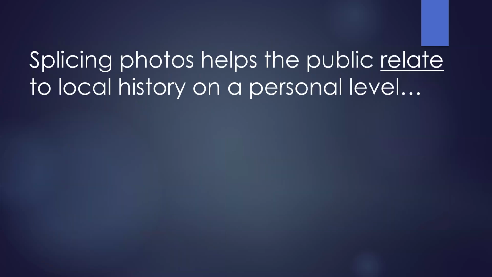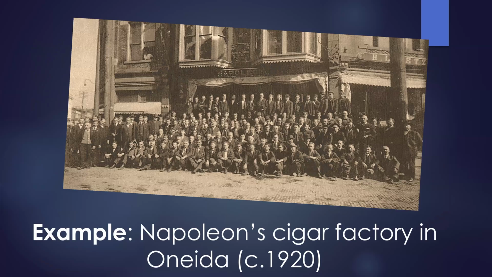Another aspect is that I found through this experience of splicing the photos and putting them on social media that photo splicing can help the public relate at a personal level. It's interesting, if you have people in the images that you splice, I think it really helps people understand how people lived and how life was different. So an example of this is in Oneida, we had a cigar factory called Napoleon's.